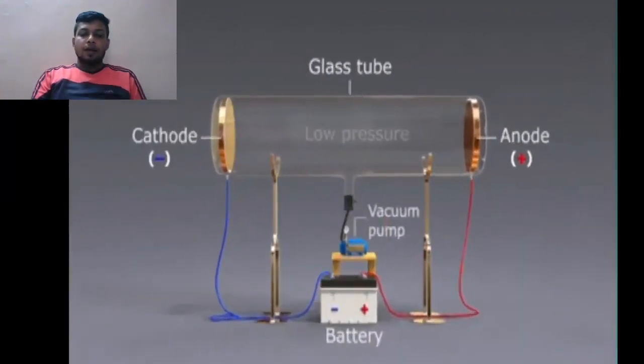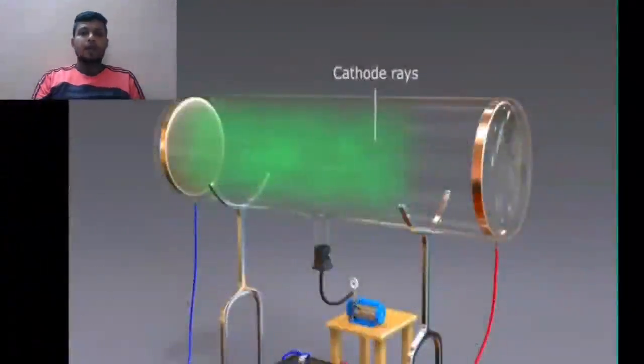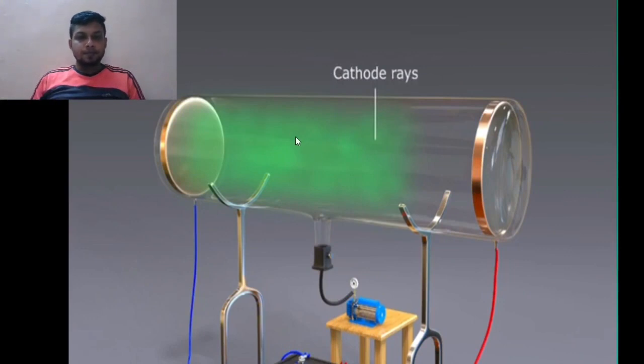Here you can see the greenish cathode rays. When we pass these through the glass tube, they are attracted towards the positive plate.